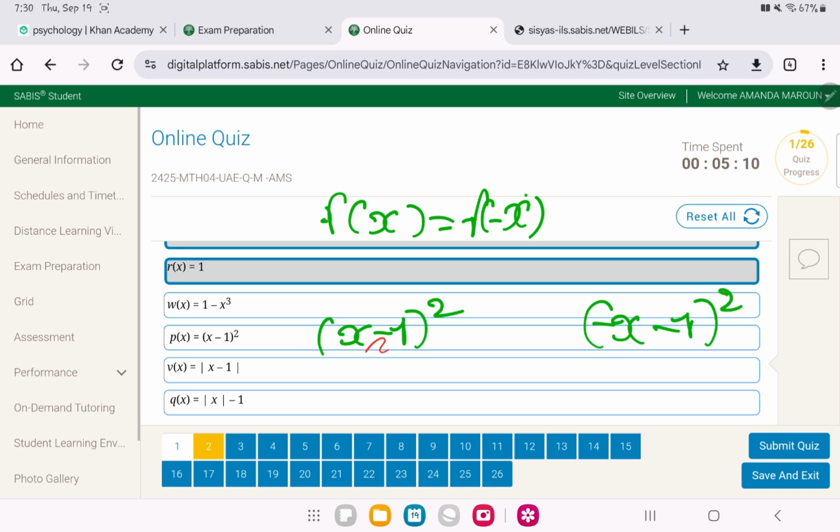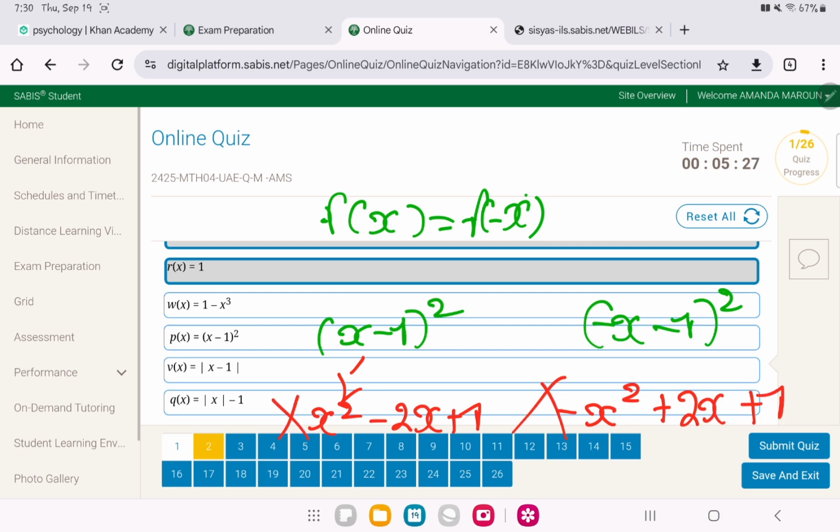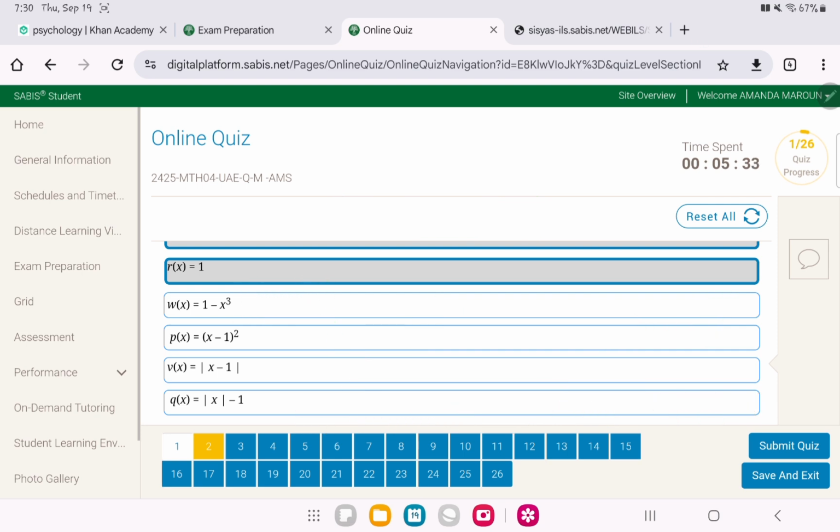If you expand it, you're going to have x squared minus 2x plus 1, and here you're going to have x squared plus 2x plus 1. So they're definitely not the same, so this one is not even.